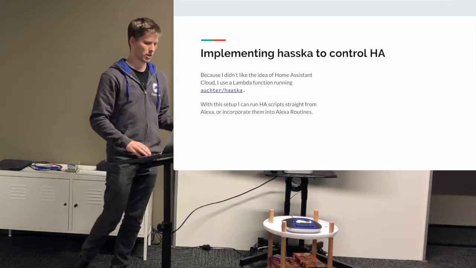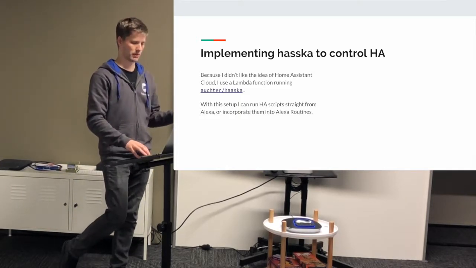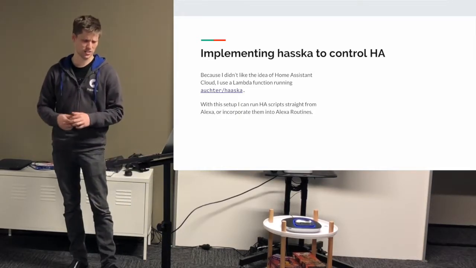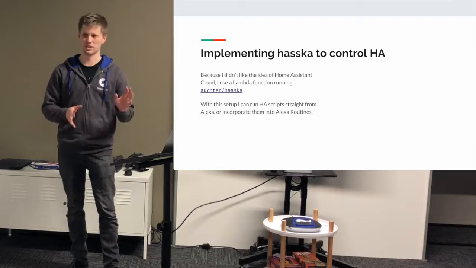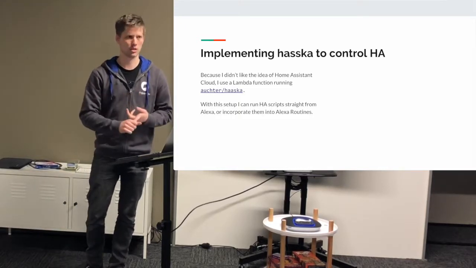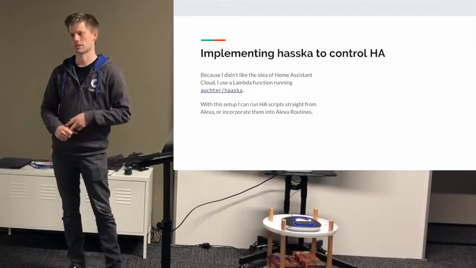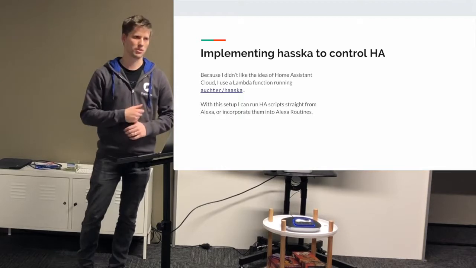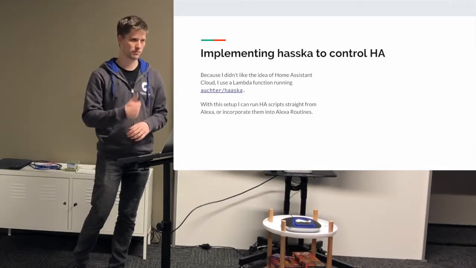So you can run your Home Assistant scripts straight from your Alexa, or you can incorporate them into your Alexa routines. Alexa has a concept called a routine, which is basically like a shortcut. You could say, Alexa, good morning, and it will read you your flash briefing, and tell you what the weather's going to be. It'll set the music, turn the lights on, brew the coffee pot, and turn your new Amazon Basics microwave on for nuclear porridge or something.